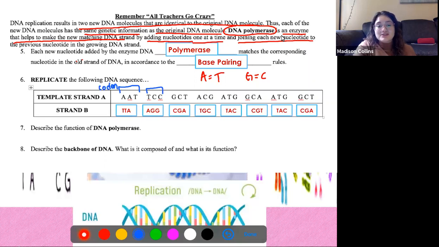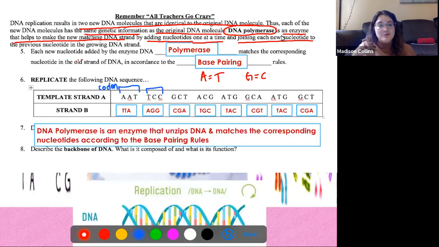So DNA polymerase is super, super important with DNA replication because it has the important job of basically unzipping DNA, so pulling apart those 2 original strands, and then scanning that sequence and matching the corresponding bases in order to duplicate that strand and create 2 identical copies. So it's going to match those corresponding nucleotides according to those base pairing rules. A is always going to match with T, and G is always going to match with C.